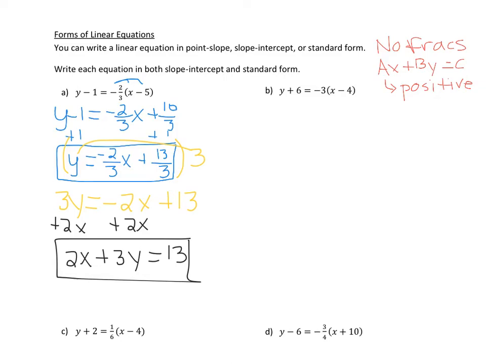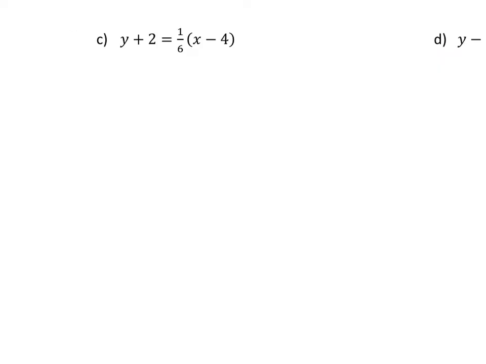Let's take a look at c. y plus 2 equals 1/6 times x minus 4. I'm going to go ahead and distribute that 1/6. y plus 2 equals 1/6x minus 1/6 times 4 is 4/6, which reduces to 2/3.